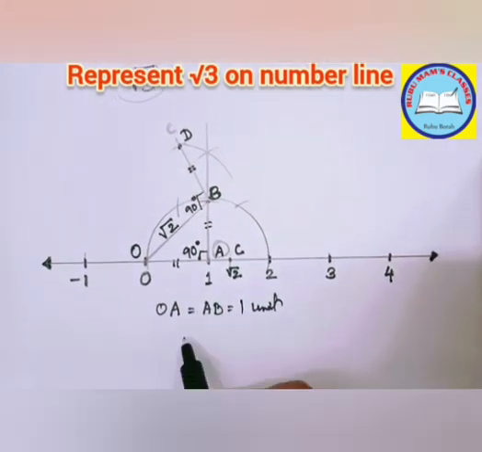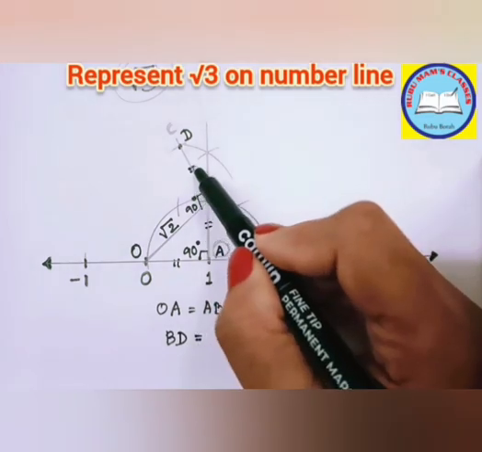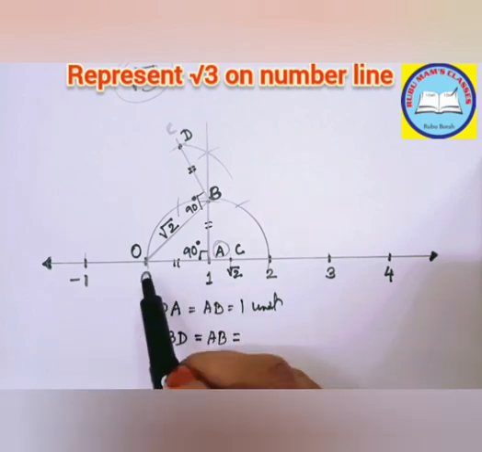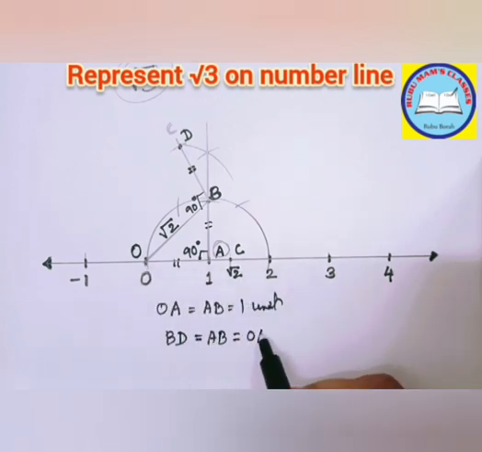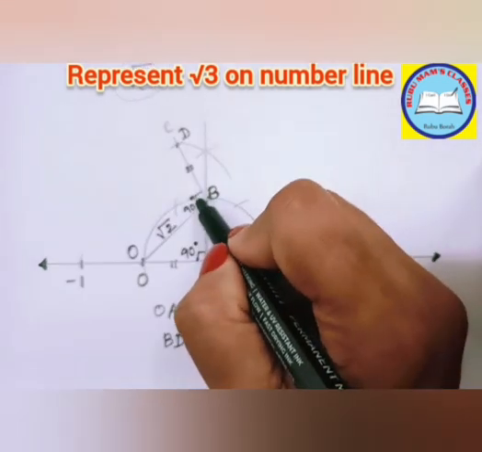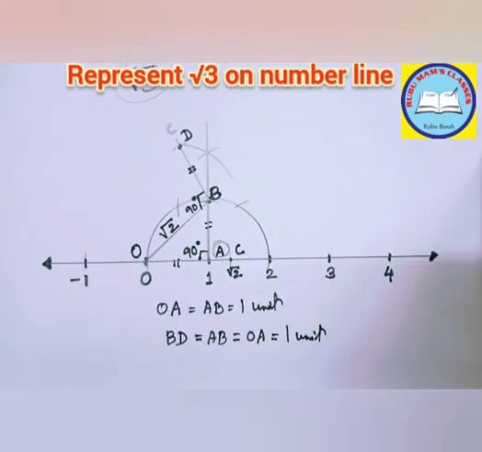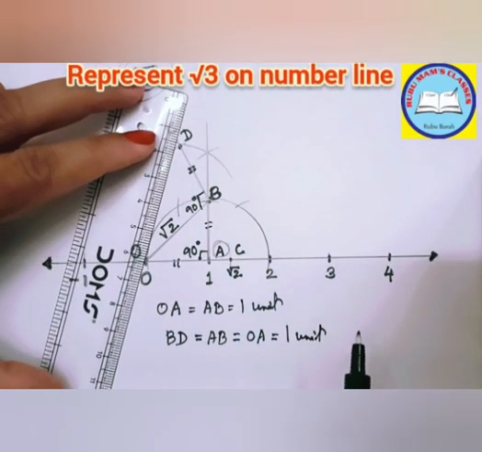Let me write here: BD is equal to AB, is equal to OA, is equal to 1 unit. This is 90 degrees. We have drawn the perpendicular at B. Now let's join D and O.